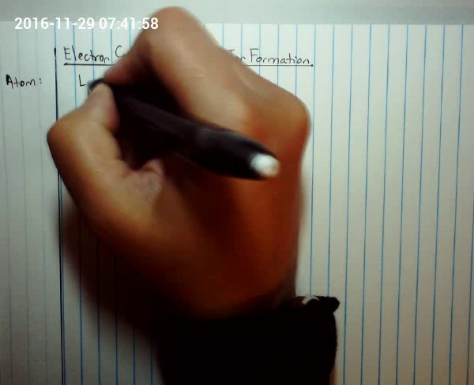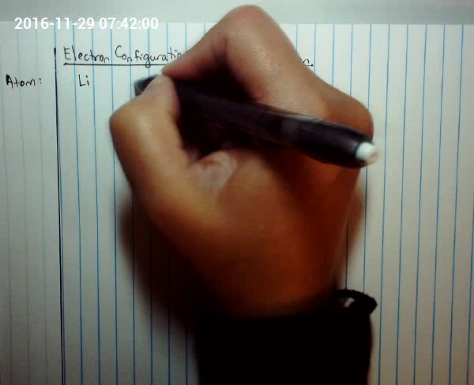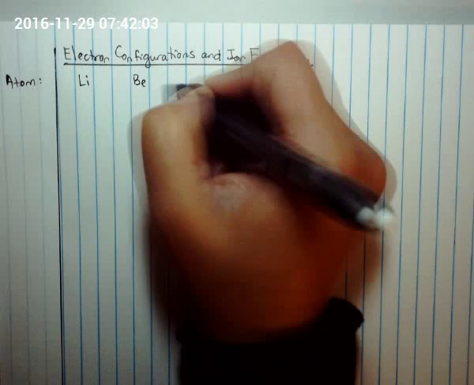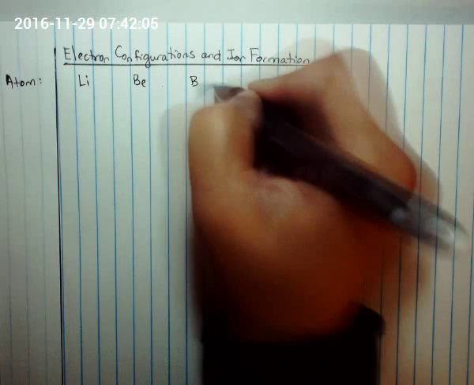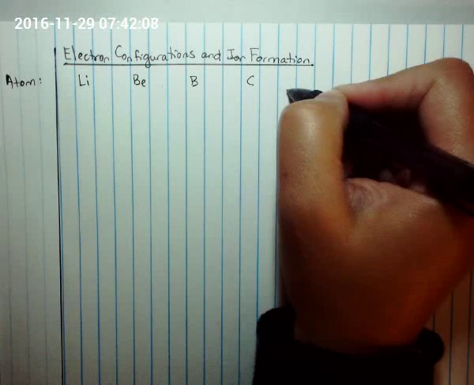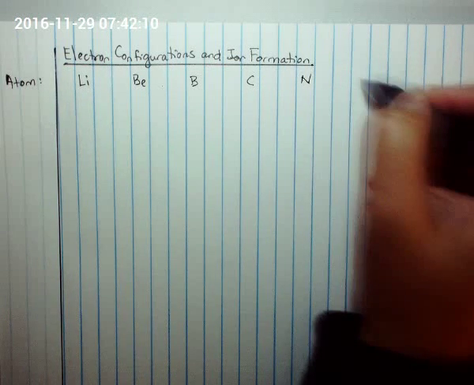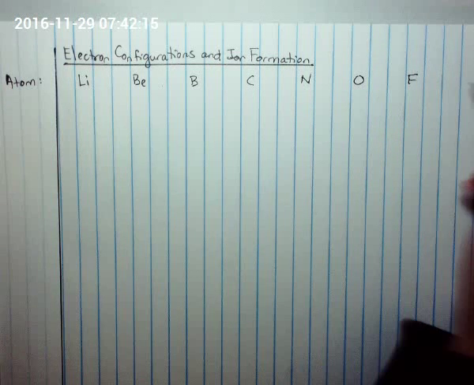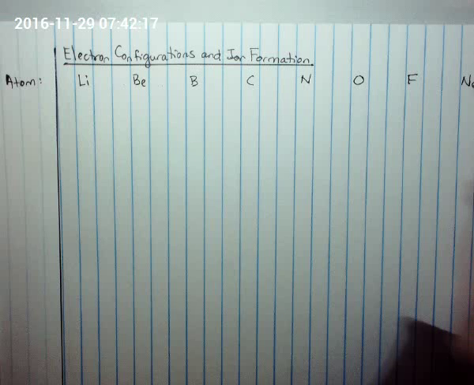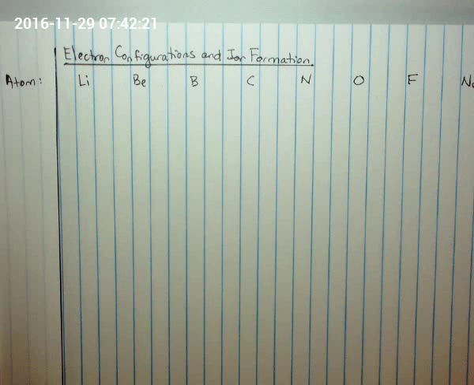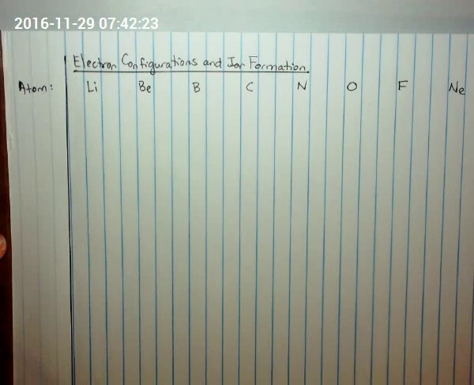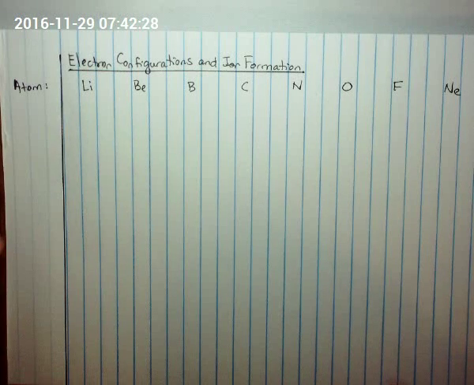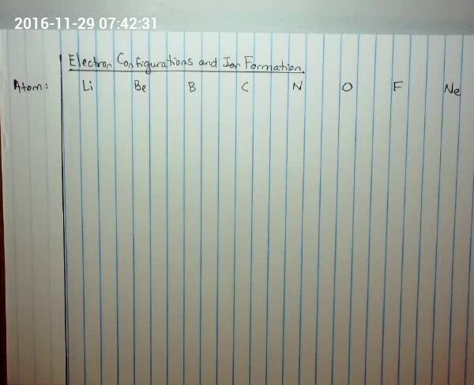And I'm going to write lithium, and leave 2 spaces, and then beryllium, leave 2 spaces, and then boron, carbon, nitrogen, oxygen, fluorine, and neon, each with 2 spaces between. There, you can see the entire thing on the screen, right? Perfect.